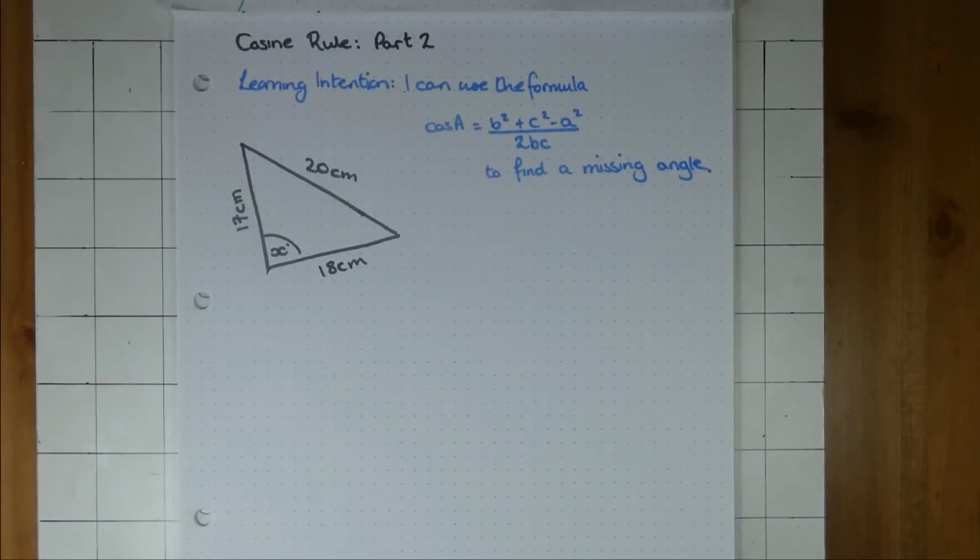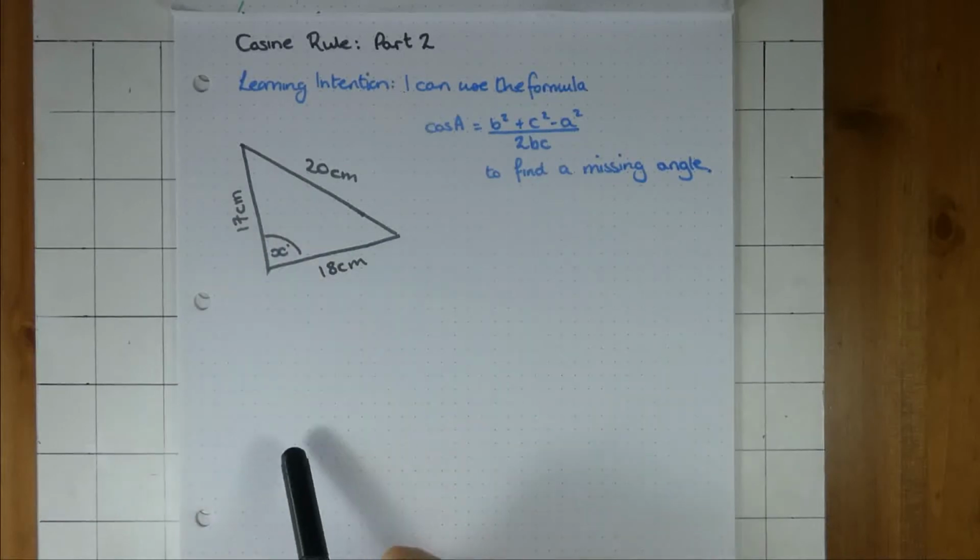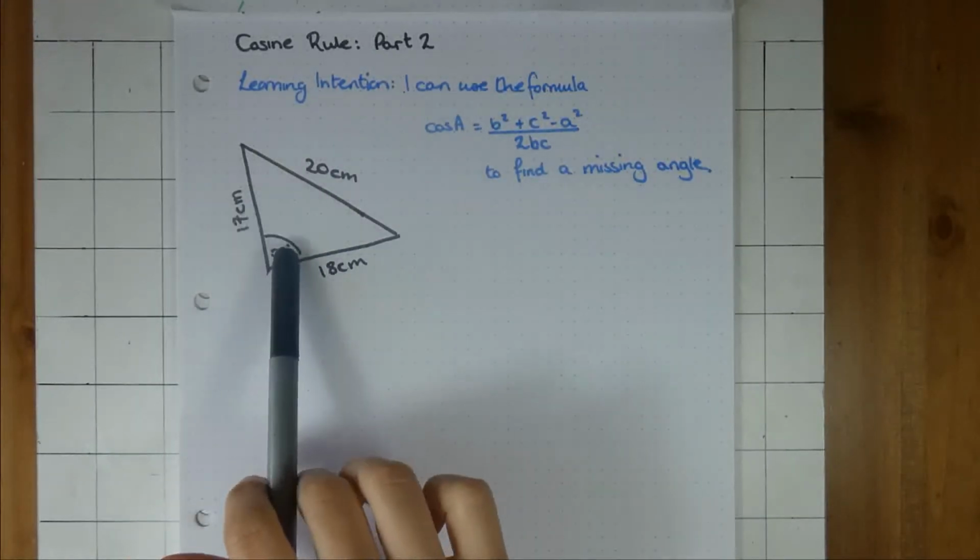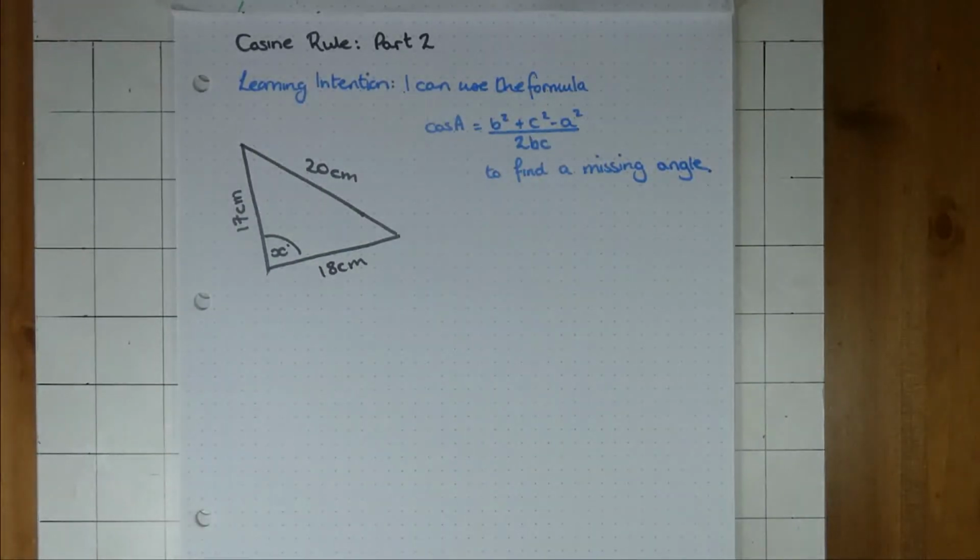I told you before, how do you recognise it? And the way I recognise that I need to use the cosine rule to find angle x is that I'm using all three sides. Equally again though, some people will recognise that they've got the angle in the middle of other sides. But I'm going to do the same thing I did last time. I'm going to label my angles and my sides first.